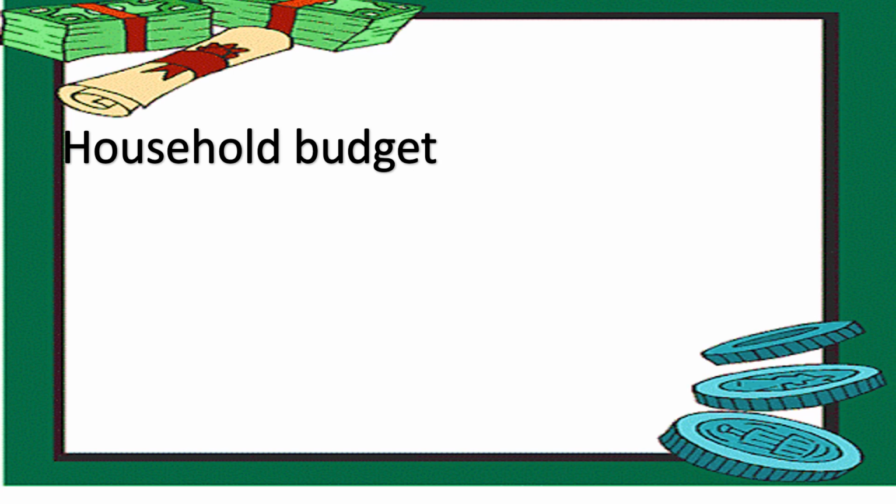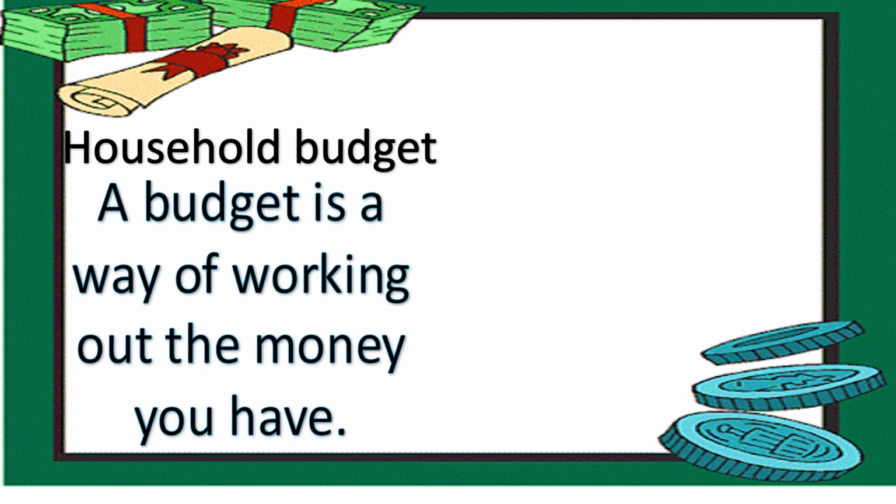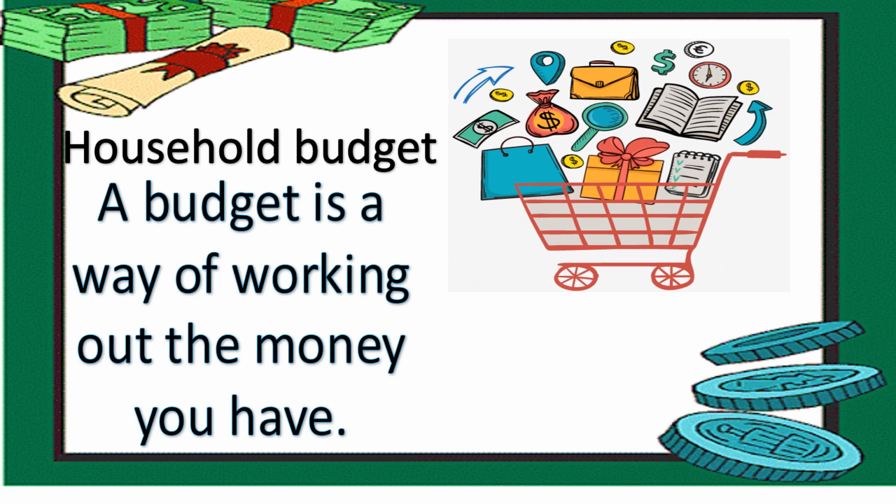Next, we have the household budget. A budget is a way of working out the money you have. So, if you have this amount of money, of course, you have to know how to spend it and where to spend it properly. For the groceries, for example, the things that you need to buy, the food, the clothes, and all the other things that need to be paid for, you have to know how to budget properly.